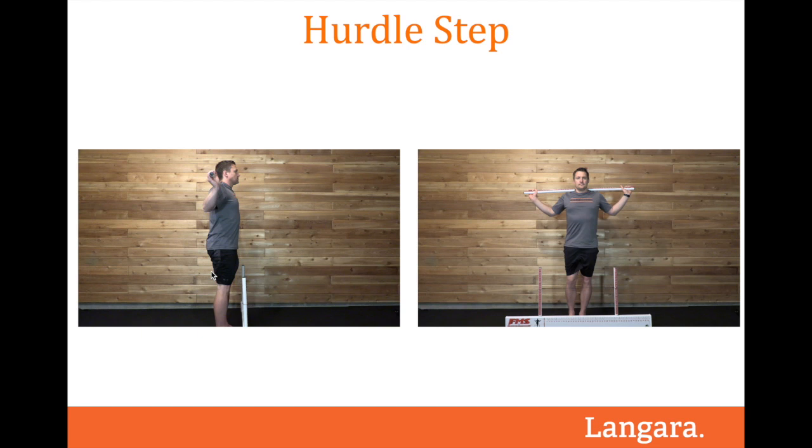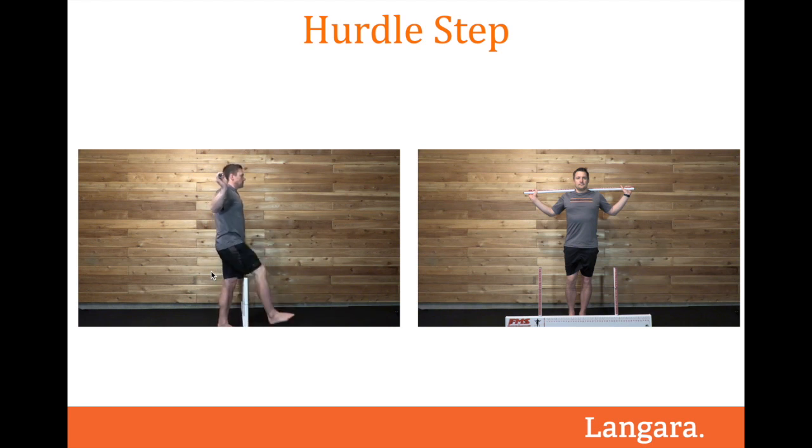So when it comes to the hurdle step again, what we're scoring is right foot goes over the hurdle, we score right. Left foot goes over the hurdle, we score left. So let's take a look at what this looks like. So there we go. Right foot over, bring it back, step down.